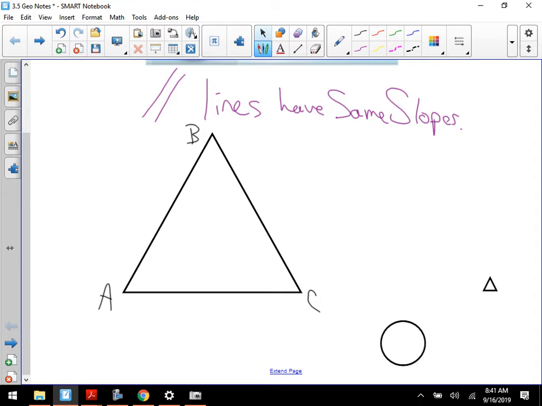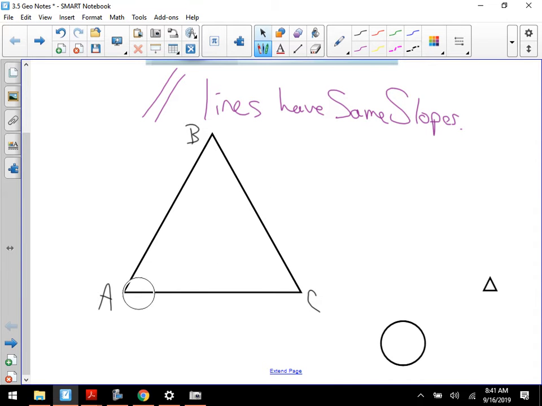Now, the vertices are generally labeled just with 1 capital letter, and since there's no other angle that can be at angle A, we'll just call that angle A. There's no other angle that can be at angle B, so we just call it angle B, and same thing with angle C. The minute that we draw something, don't draw this one in, the minute we do something like this though, I can't call that angle A anymore because there's 3 different angles that it could be. Does that make sense? We discussed this a while ago, I just want to remind you guys.